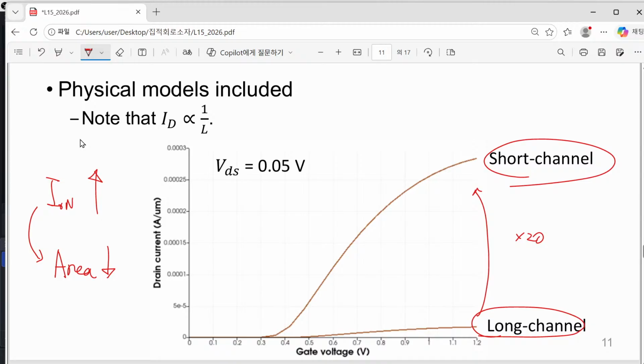So if you can make your device smaller, then automatically you can get higher performance and of course reduce the area consumption. It means that at the same time you can increase the number of transistors integrated in your chip.